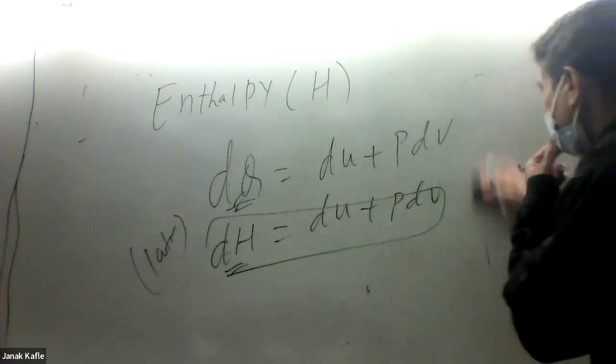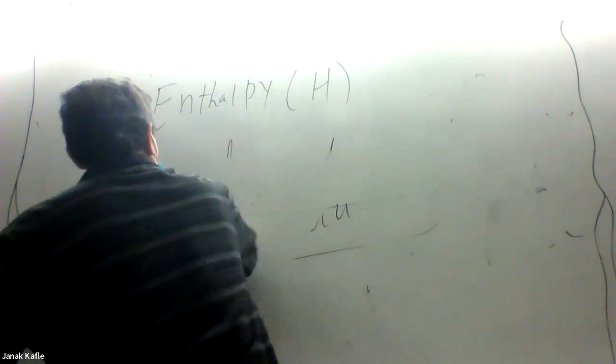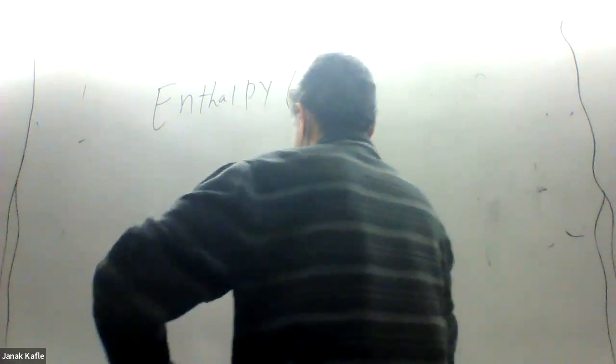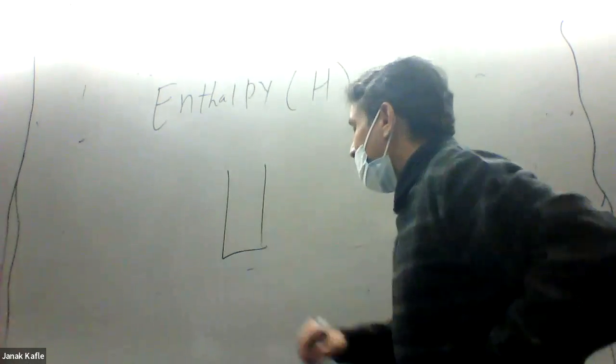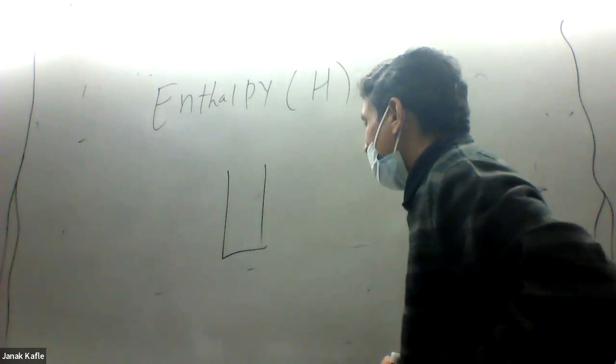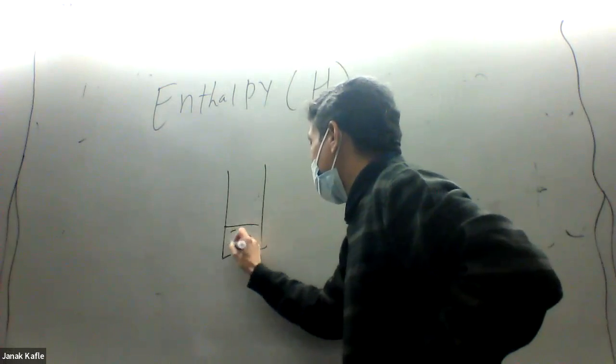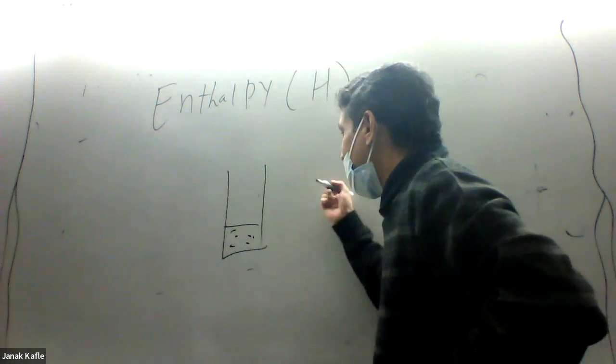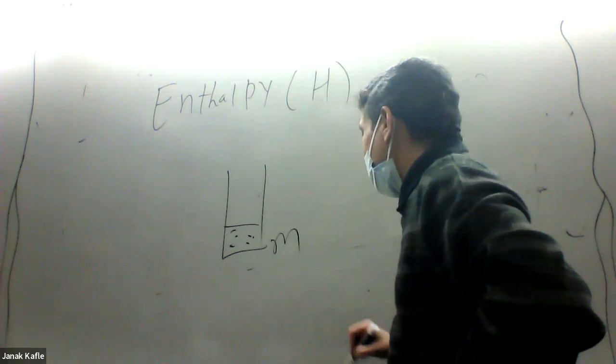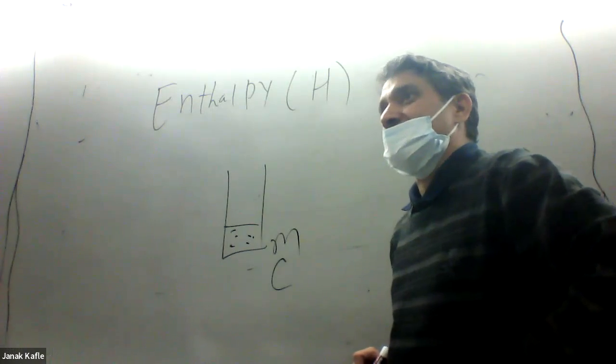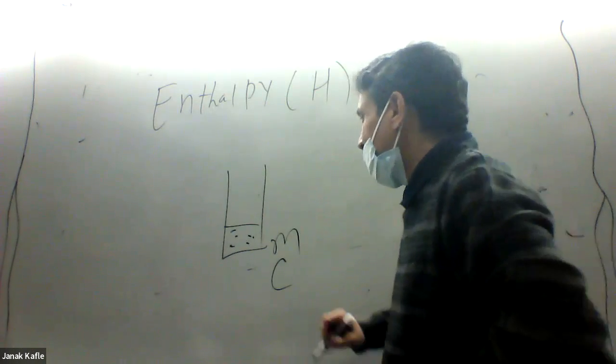Alrighty. So let me show you something that we will be doing in the next lab. We will take a beaker here, and I put some water here. Let's say the mass of the water is m, and you already know the specific heat capacity of water is 4.18, right?